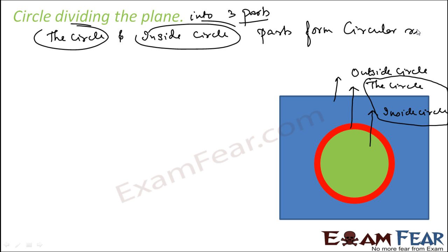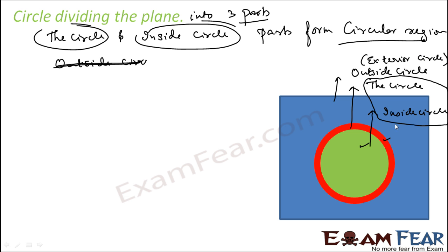So when we talk about circular region, we take both red and green, these 2 parts. And this blue one is the third part, it is outside the circle. Outside the circle is also called the exterior of the circle. Inside the circle is also called the interior of the circle.